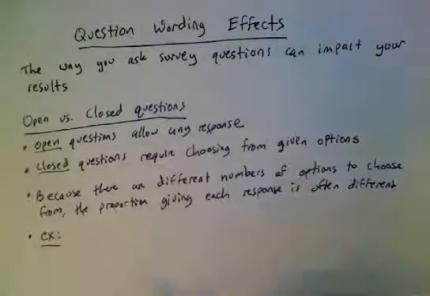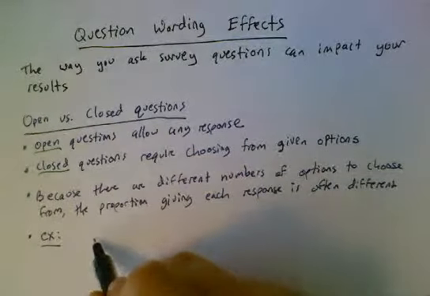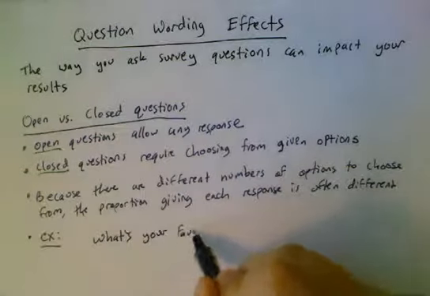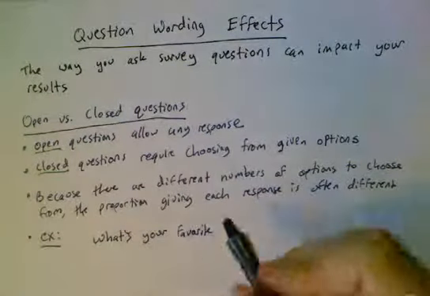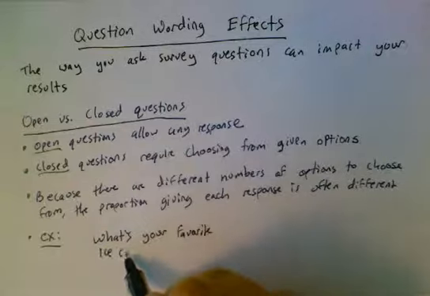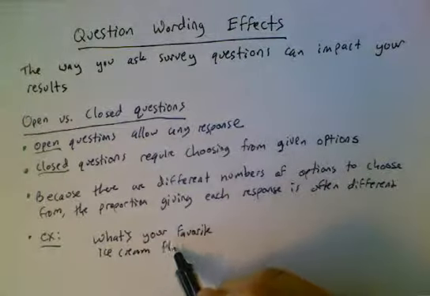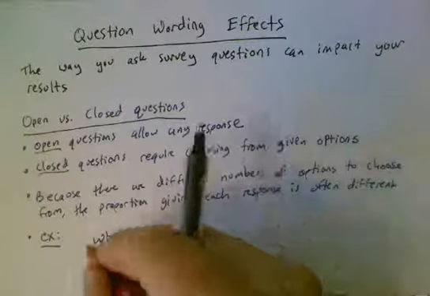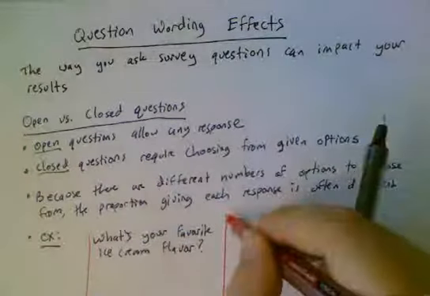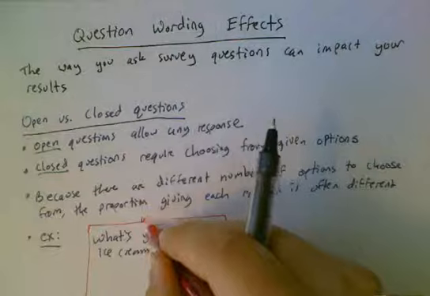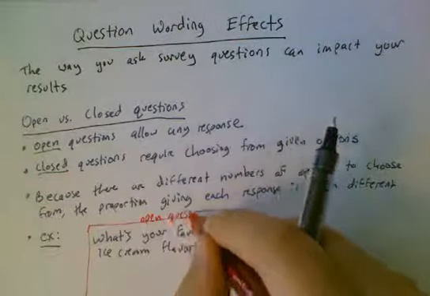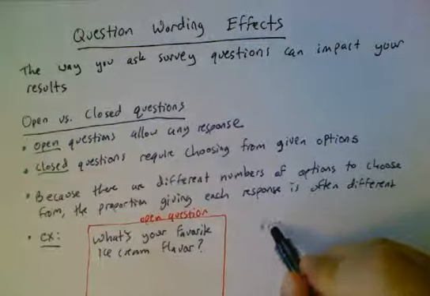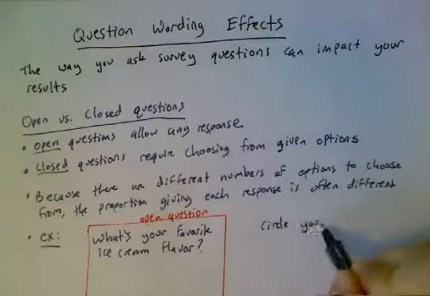So for example, here's an open question. So this would be an open question. Let's say this is just a little sheet of paper that we hand people. Whereas here, circle your favorite.